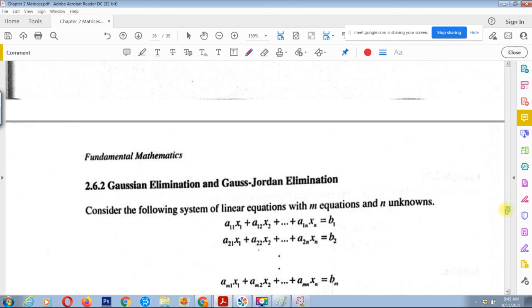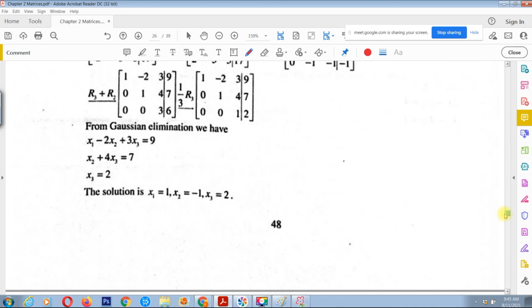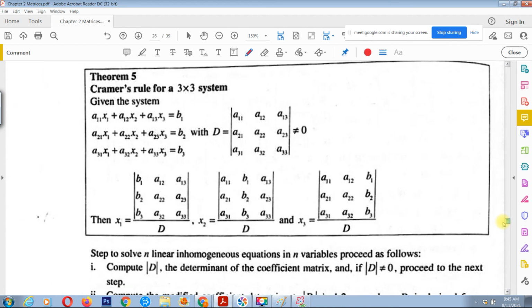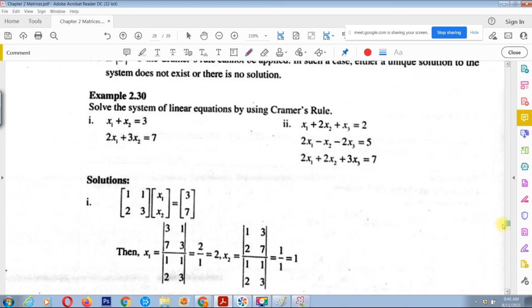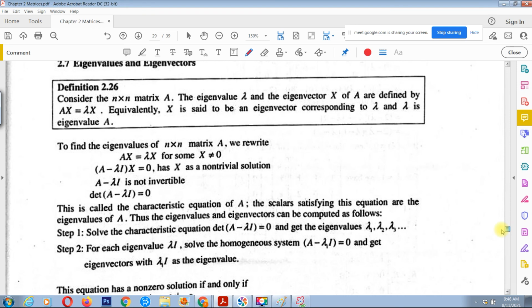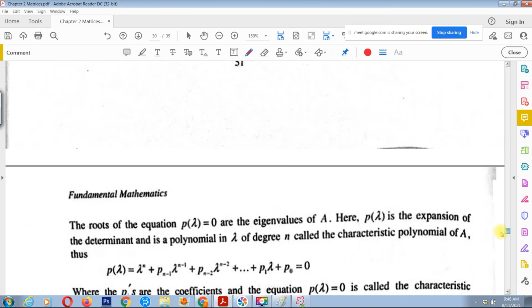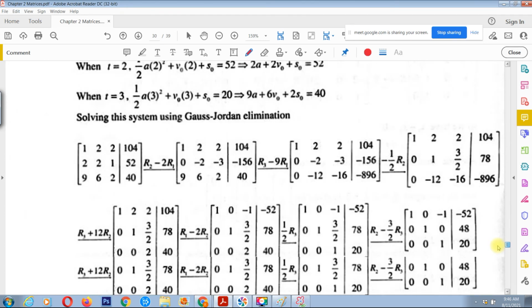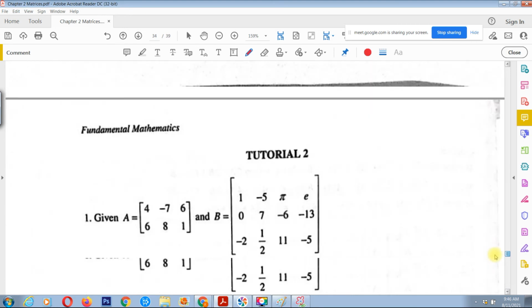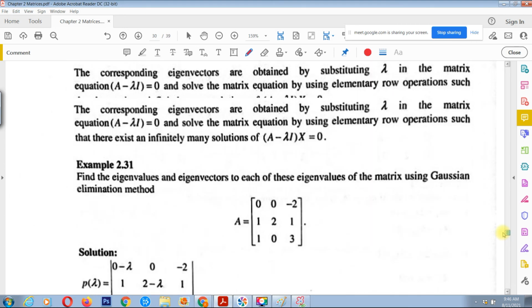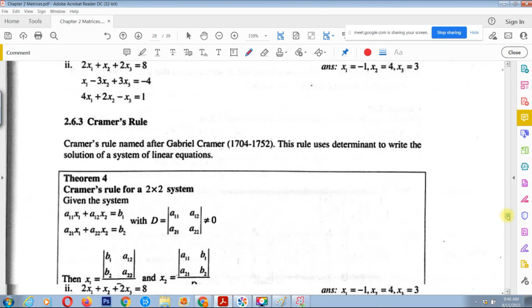To find the solution, we have a few methods: Gaussian elimination, Gauss-Jordan elimination, Cramer's rule, and then we have eigenvalue and eigenvector. Then we finish this chapter. Next class we will finish the chapter.